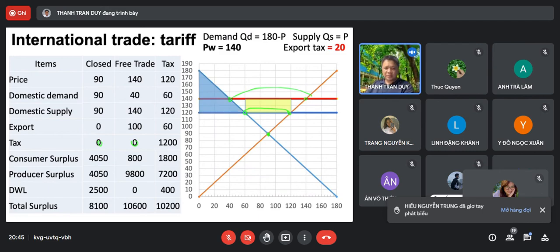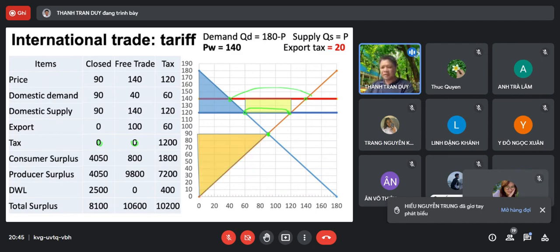And producer surplus. Producer surplus will be the triangle below this one, right? And let me make it in different colors. All right.